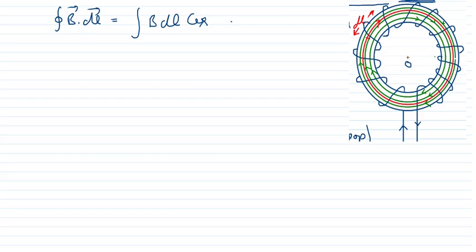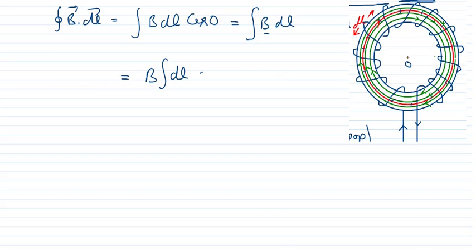What is the angle? Very good. It will be 0. They will be parallel. Therefore, it will become B dl. Now, being a symmetry, we will take B out. So therefore, it will be the integral of dl. Now, when such dl are added together, what will I get?